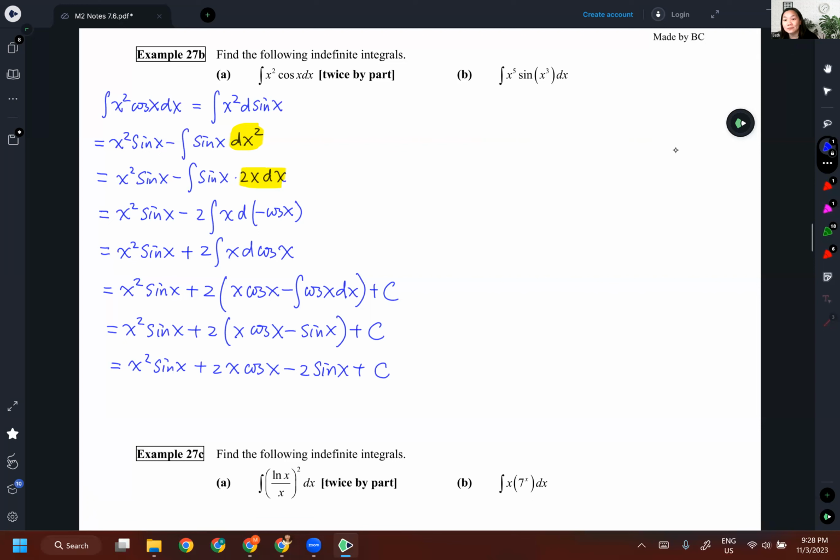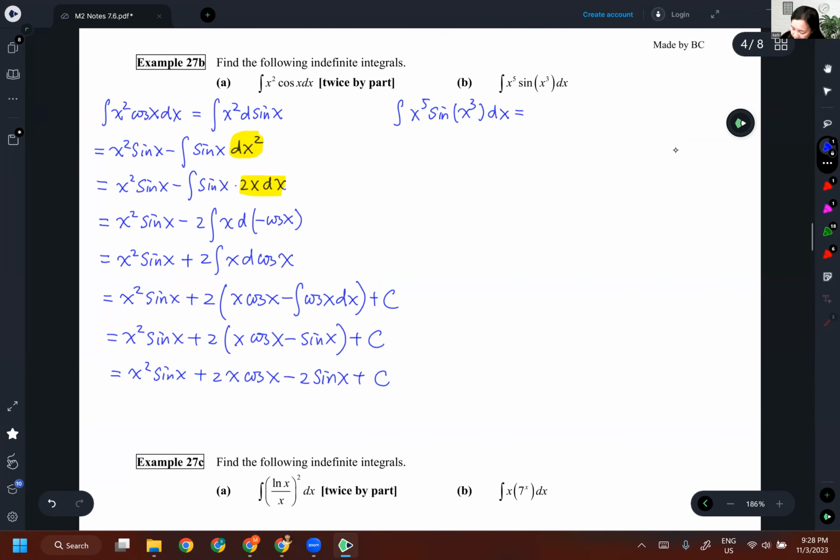Now for the second one, part B. You see, it's still a composite. This time, now 5, I'll leave it with 3.